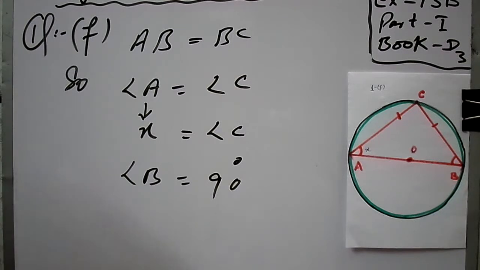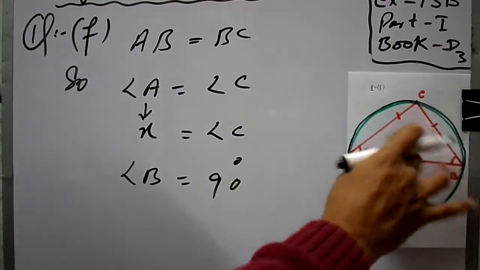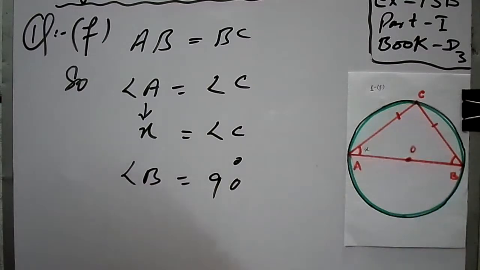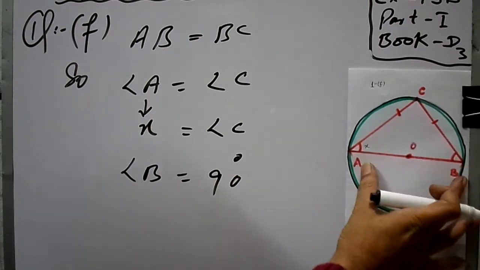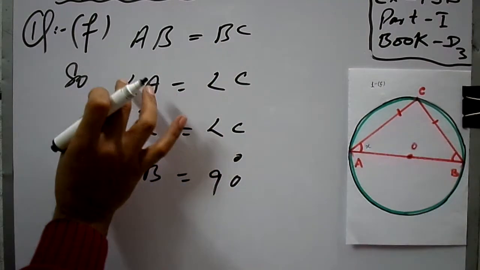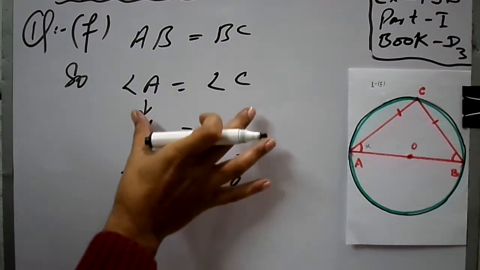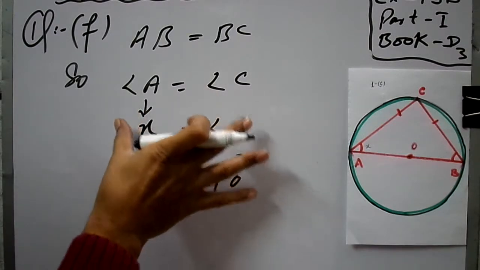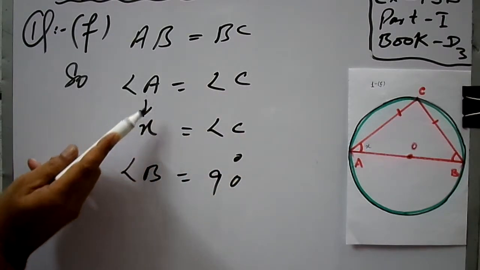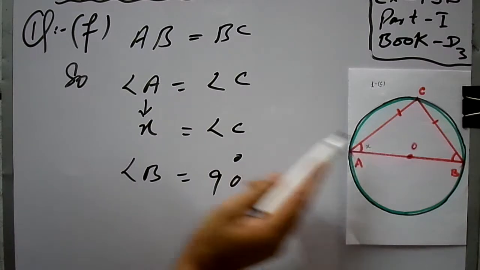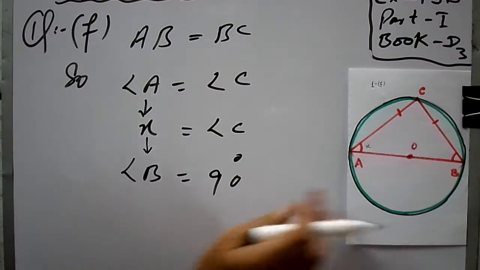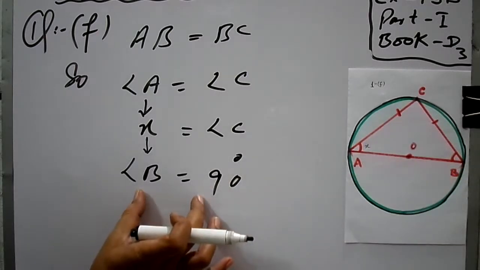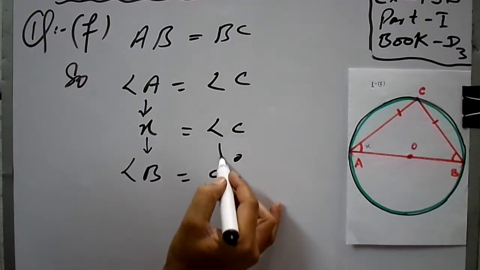The sum of interior angles is equal to 180 because AB and BC are congruent. So you would not be confused here. Here I have written angle A is equal to x, and I write here 90 because the angle at B is 90.